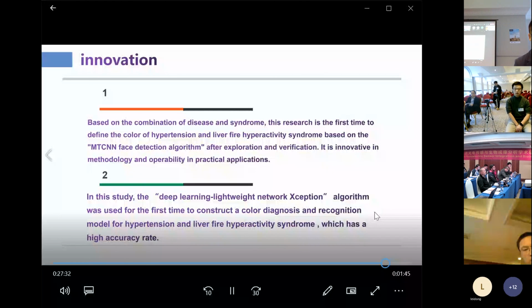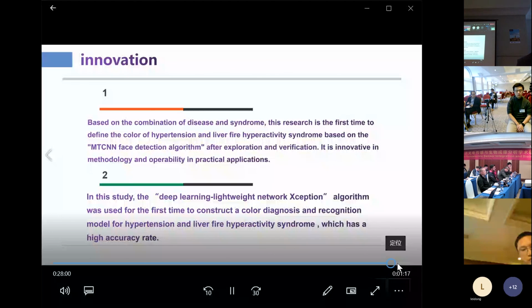And in this study, the deep learning convolutional network algorithm was used for the first time to construct the color diagnosis and recognition model for hypertension liver fire hyperactivity syndrome in clinical practice.